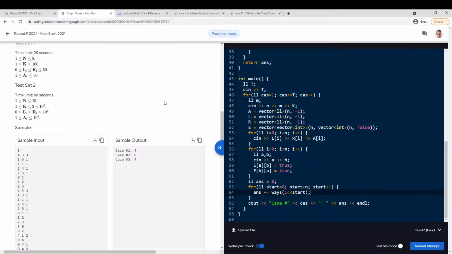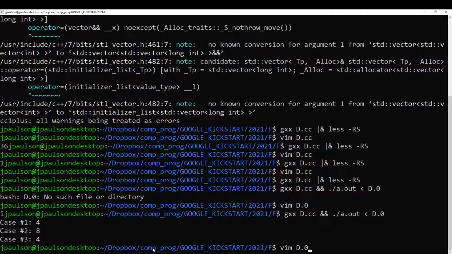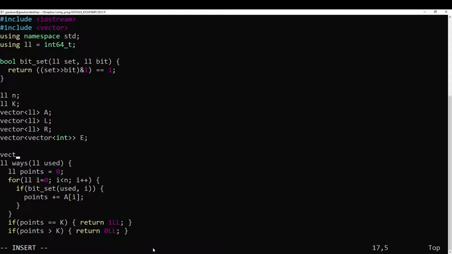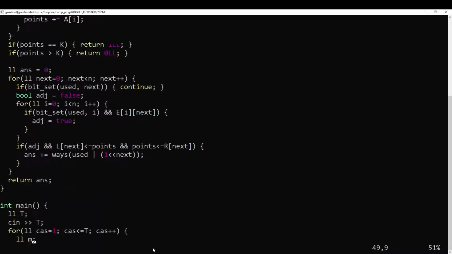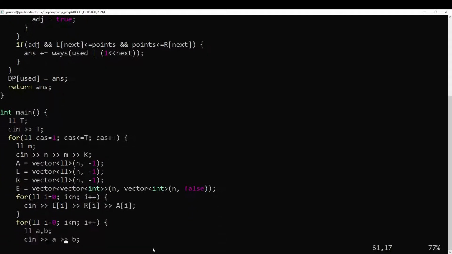So yeah, this is taking a while, probably because it's slow on test set 2 because I did not memoize it.